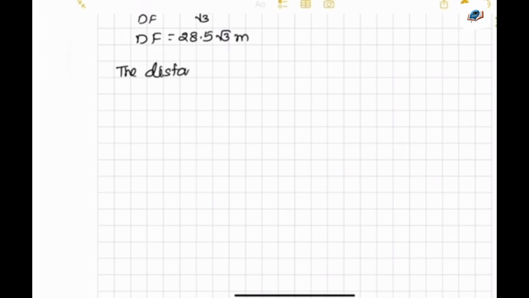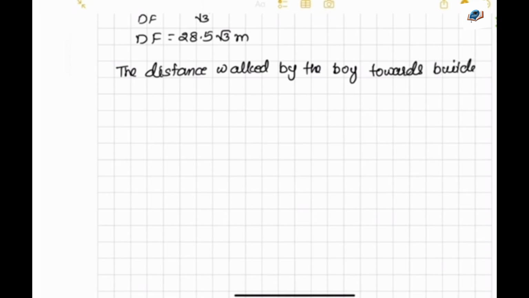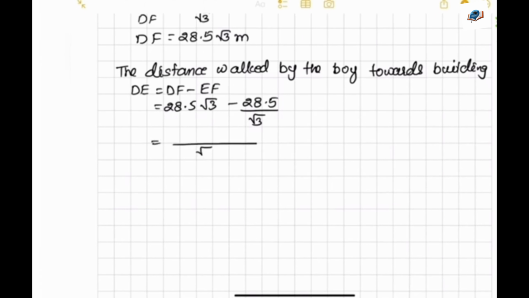Now the distance walked by the boy towards building, DE, equal to DF minus EF. So that is 28.5 root 3 minus 28.5 upon root 3.